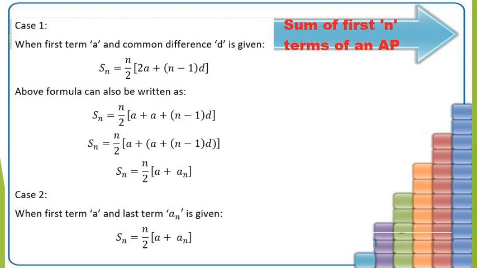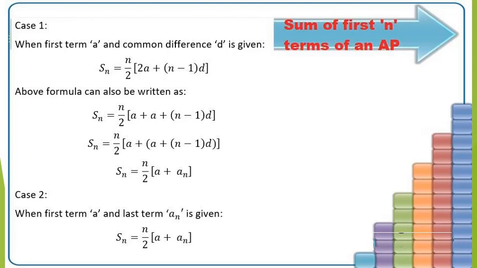Now, the above formula can also be written as Sn equals n by 2 times... instead of 2a, we can write it as a plus a. So, a plus a plus (n minus 1) d. Now, in the previous slide, we have learned that a plus (n minus 1) d is the formula for finding the general term or last term.